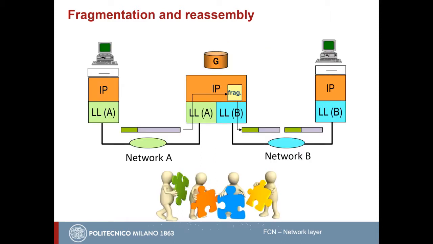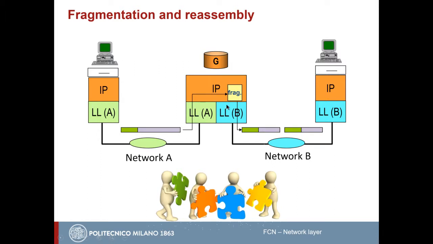This is another way to explain the same concept. Here you have this network. As you can see, the LL here stands for data link, so layer 2 entities. In this case, the network can host a large payload in the layer 2 frames.